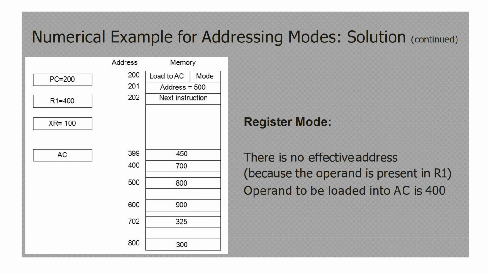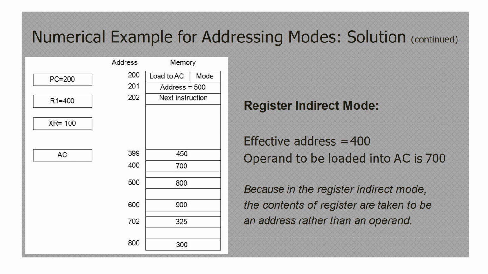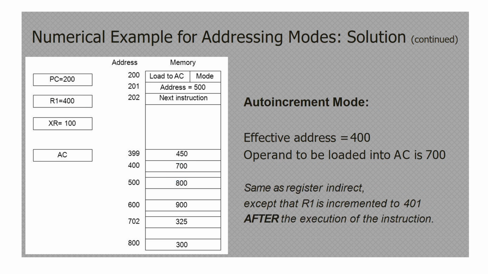Register mode, there is no effective address because the operand is present in the register R1, so the operand to be loaded into the accumulator is 400 only. Register indirect mode. Now because this is the effective address, at this location we have the value 700, and this 700 is loaded into the accumulator.